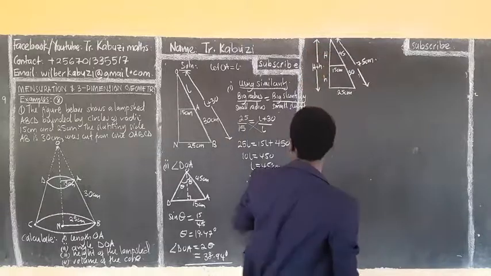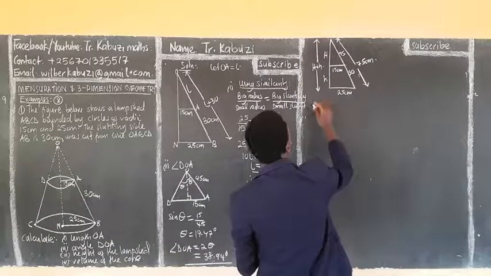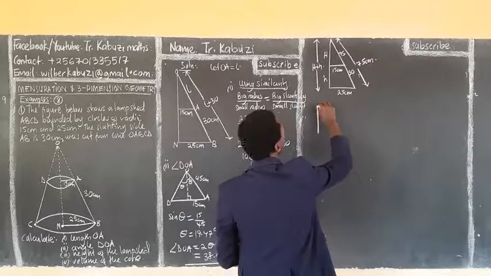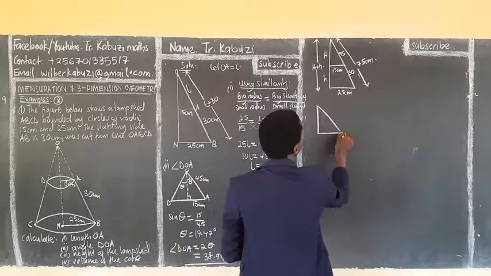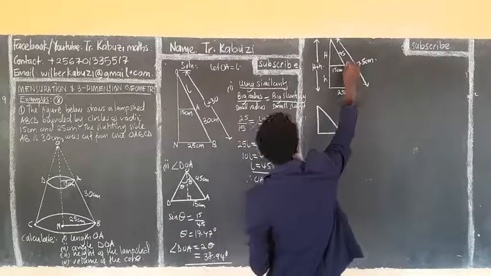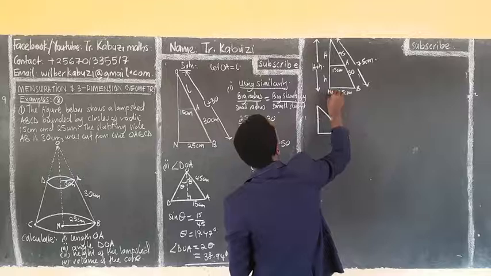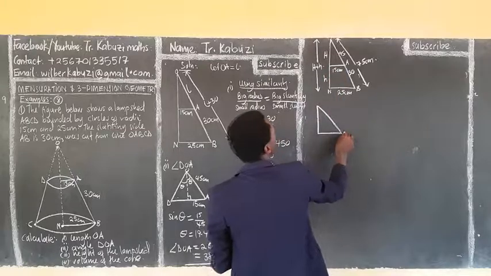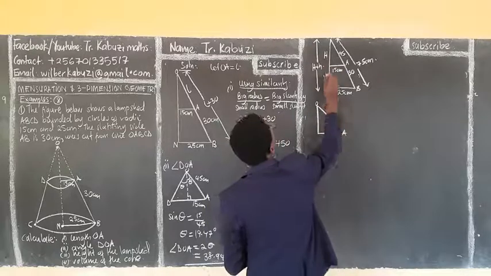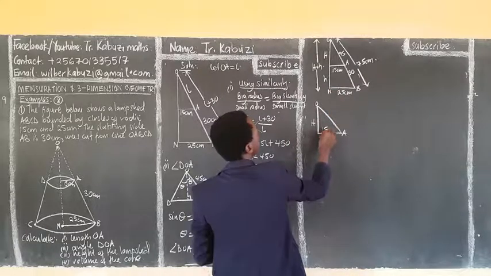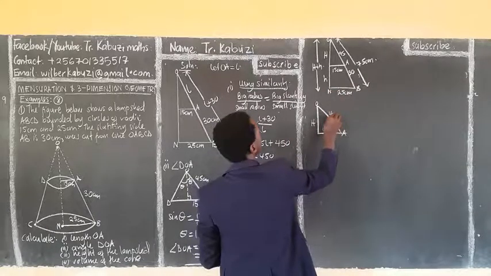Now let me pick out this triangle here. If I peel out the small triangle, this is N, this is B, and this is our N. So if I pick up this triangle, A, O, this is my H, this is 15 centimeters, and this is 45.